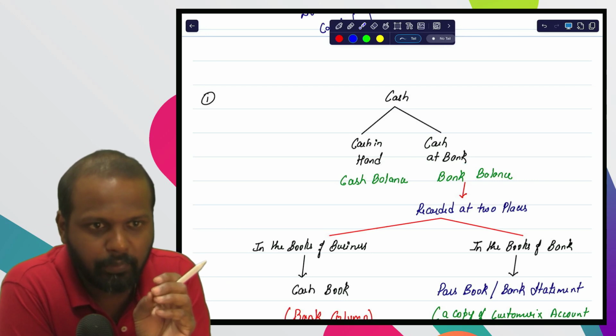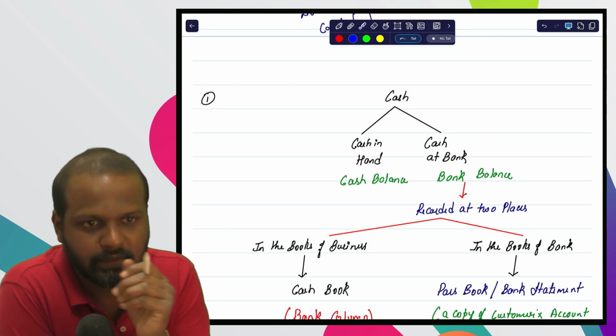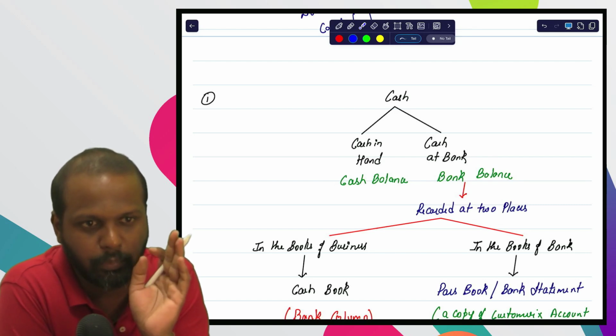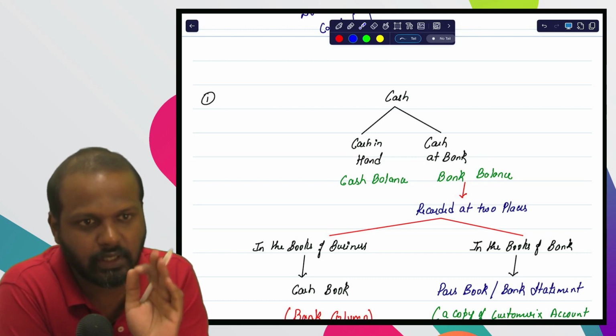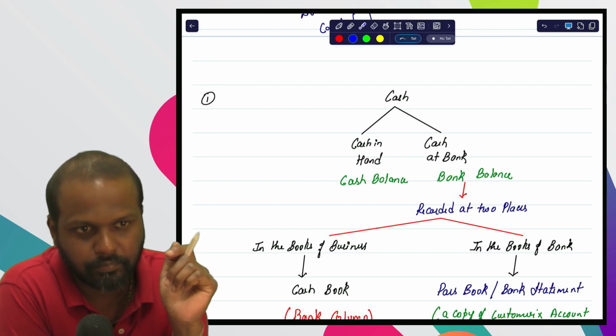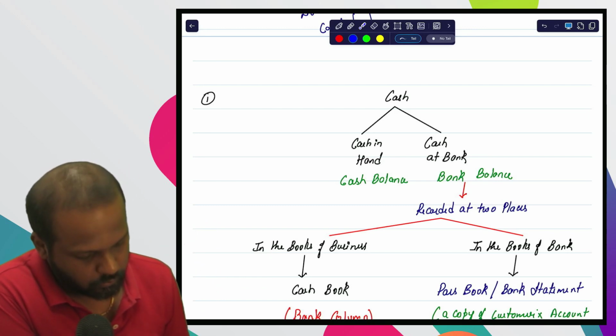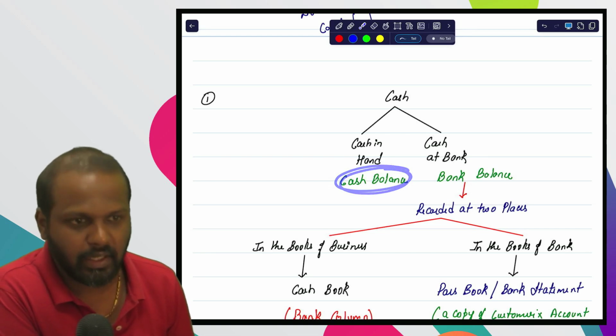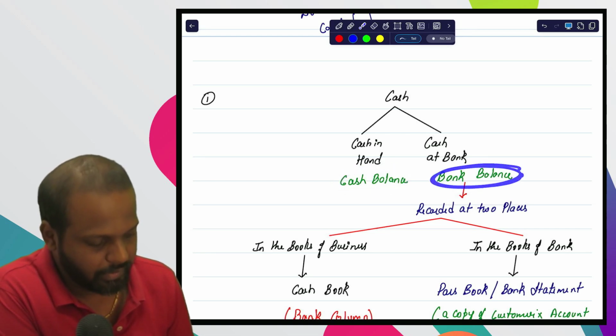So cash in hand means cash kept at the business place, in the office, or in the cash box of the business. The other one is called cash at bank, which is kept at the bank. Cash in hand we can call cash balance, and cash at bank we call bank balance.